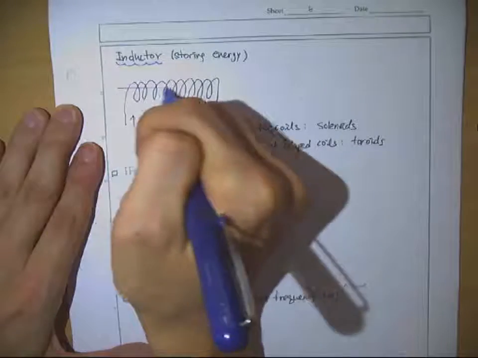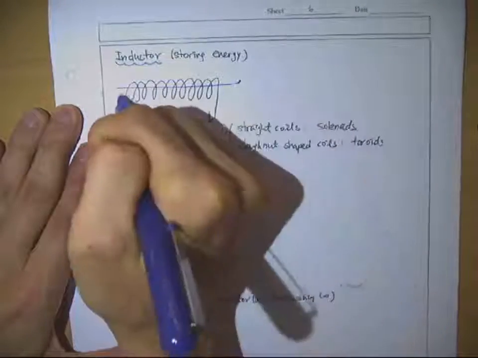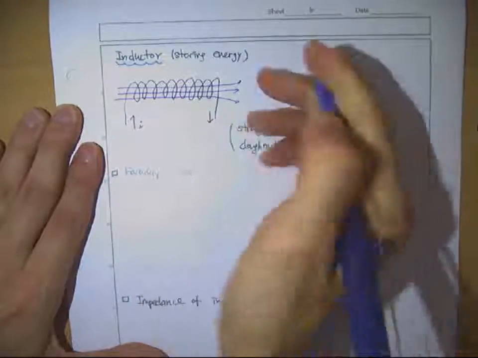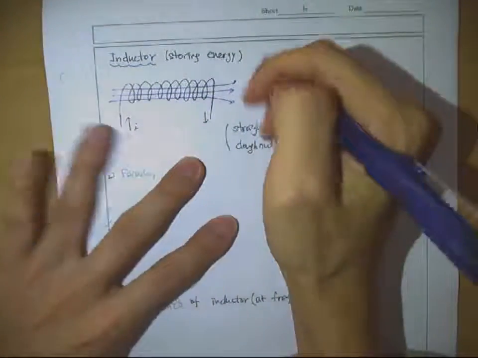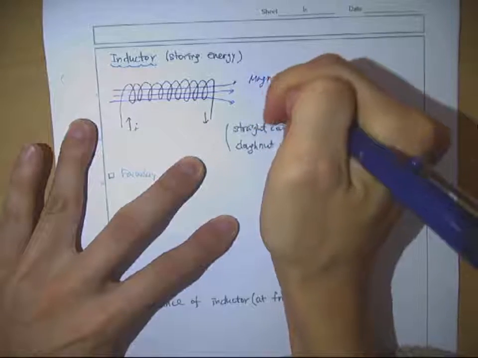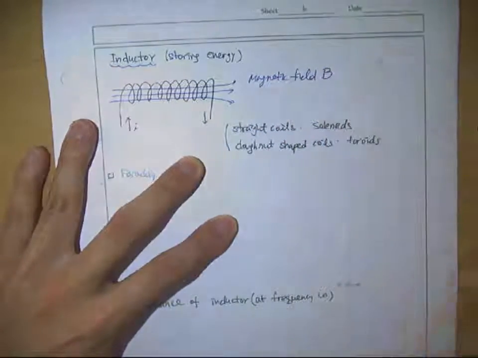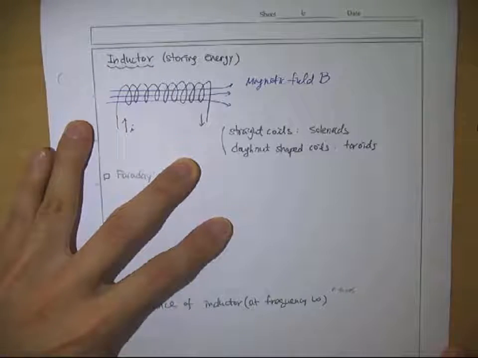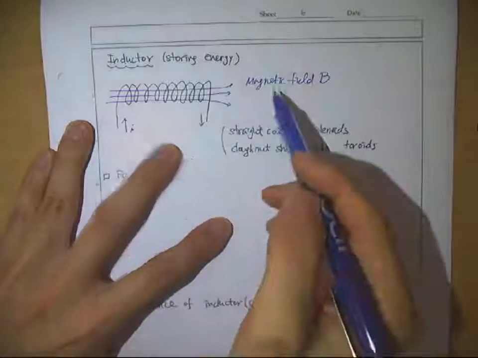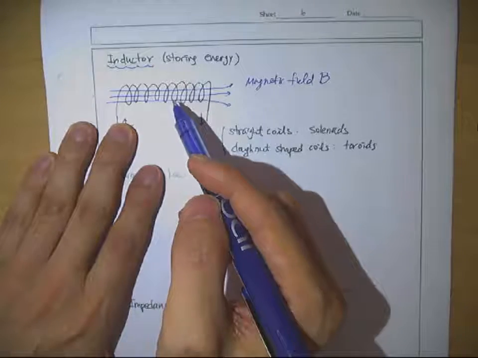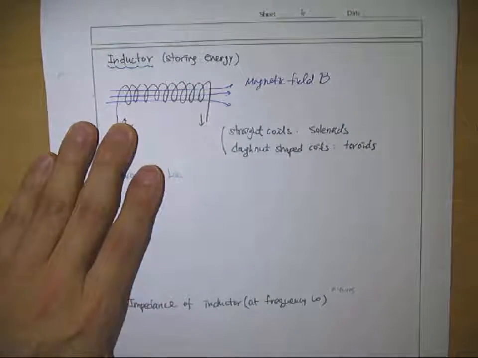Then you have a magnetic field, which is a pretty linear magnetic field created by this coil, the field B. And this magnetic field is constant inside the coil.